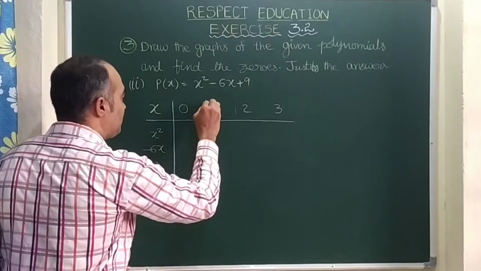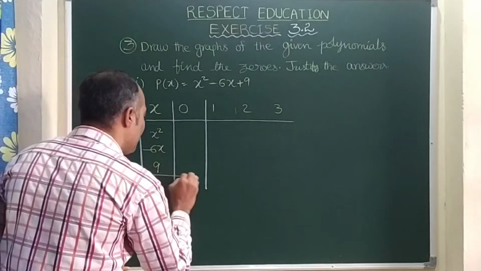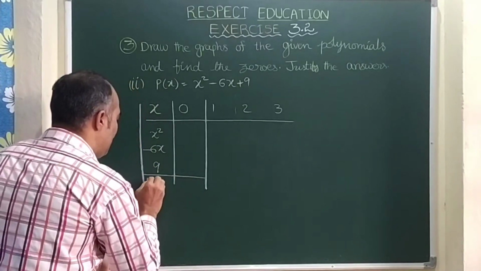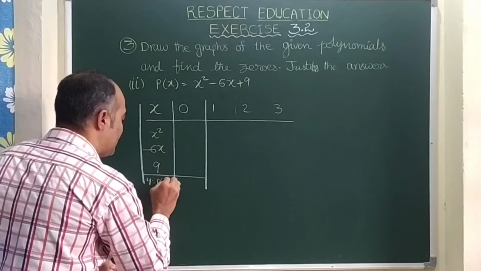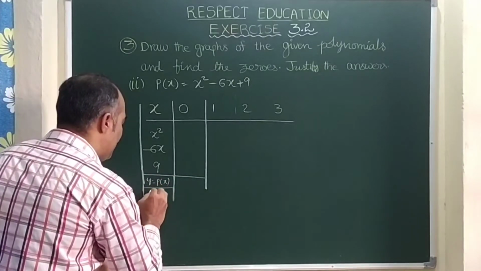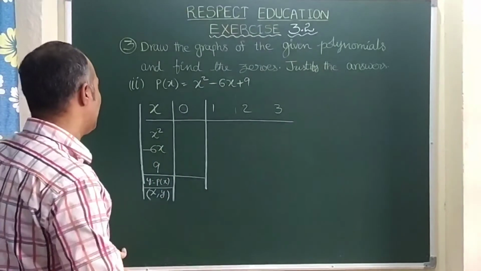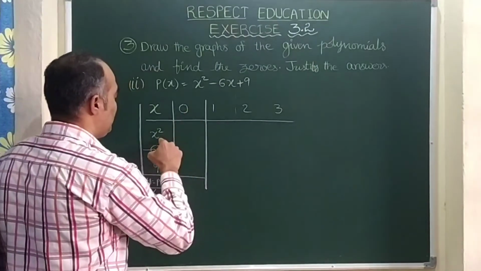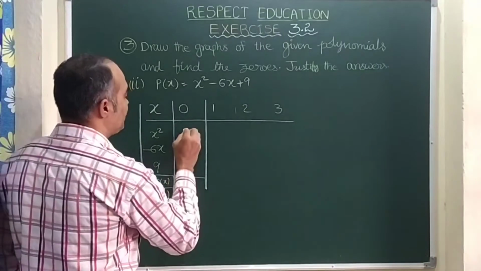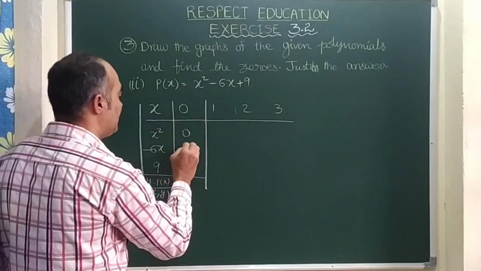Now let us make some columns here. This is the value I am taking as y, nothing but p of x. And this blank is for taking ordered pairs x comma y. So we can start now. 0, 0 square is 0. Minus 6 into 0 is 0.